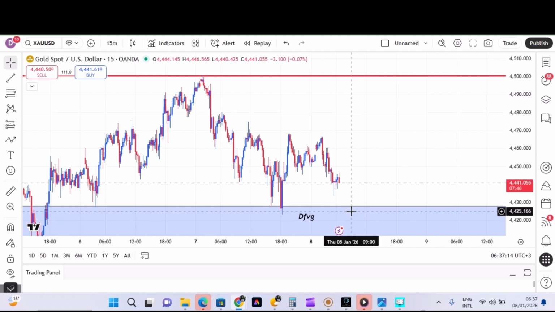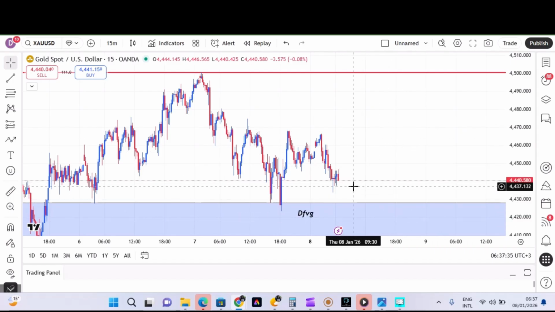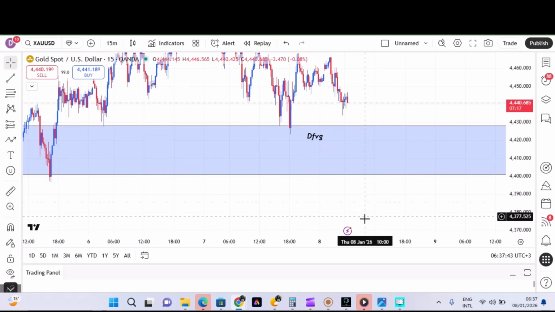Remember, a support zone or a resistance zone is not permanent. At a certain point, the market breaks through. That is how the market is. It will never come forever, tap here, go back, tap here. No. There's a momentum that will come and push through this daily fair value gap, up or down.